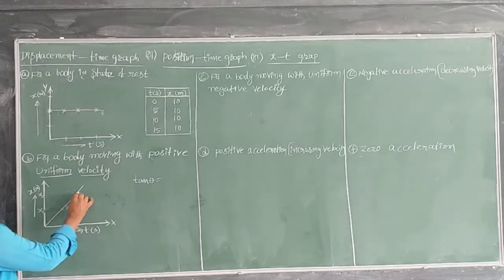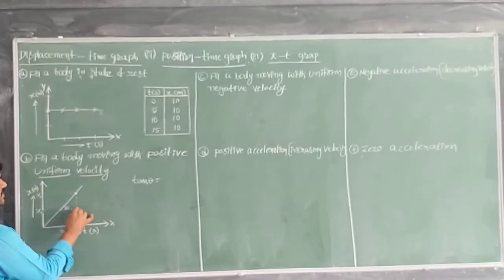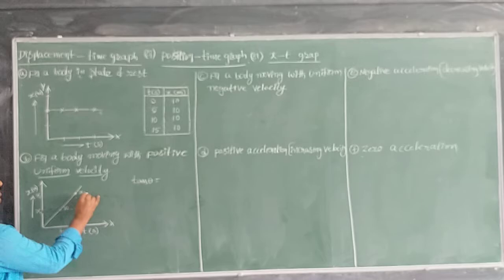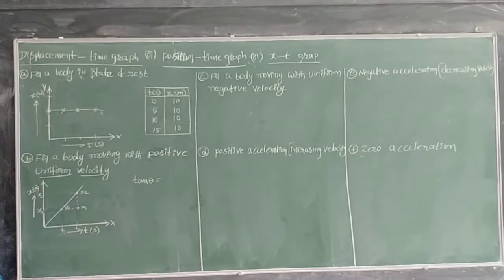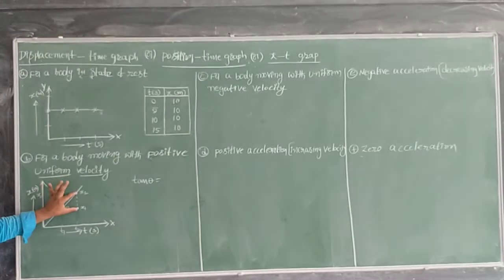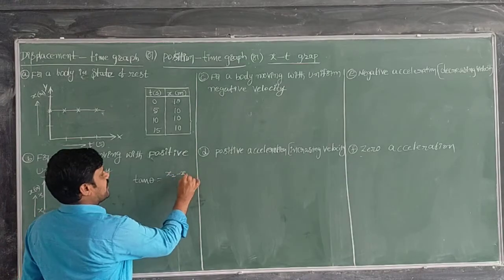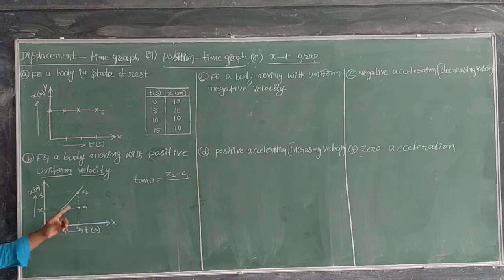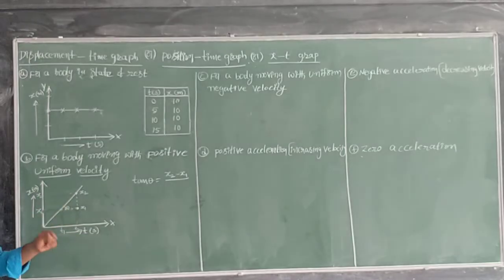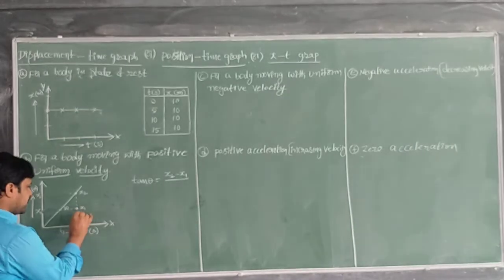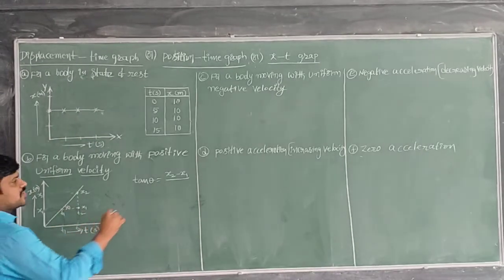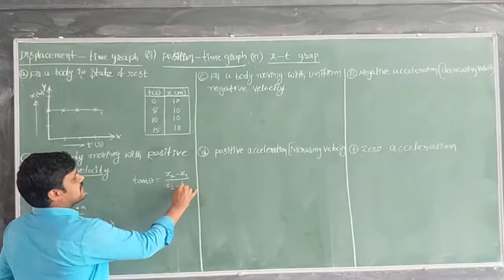The opposite side is the difference between the positions, x2 minus x1. The adjacent side is the side sharing the angle theta, which is the time difference, t2 minus t1.